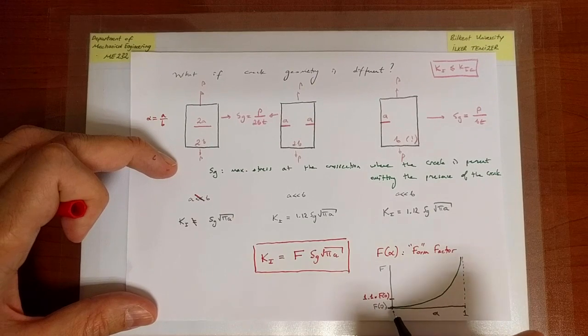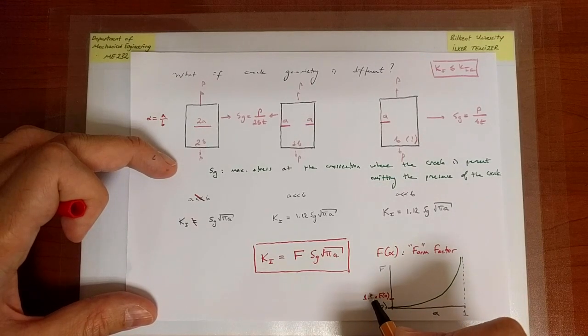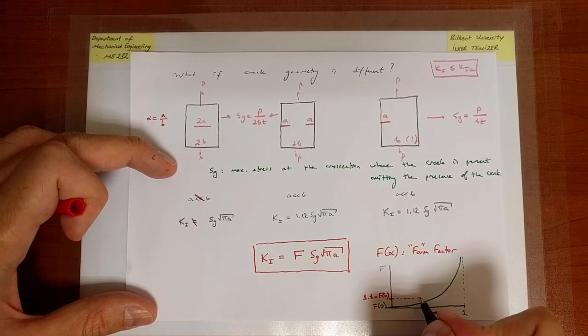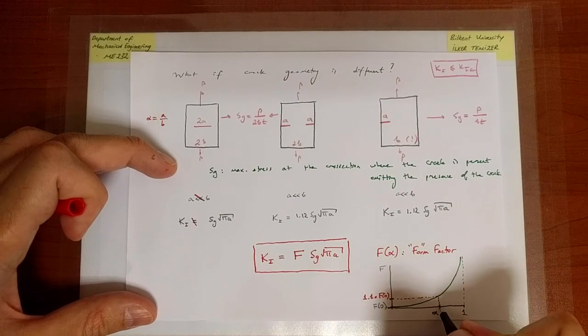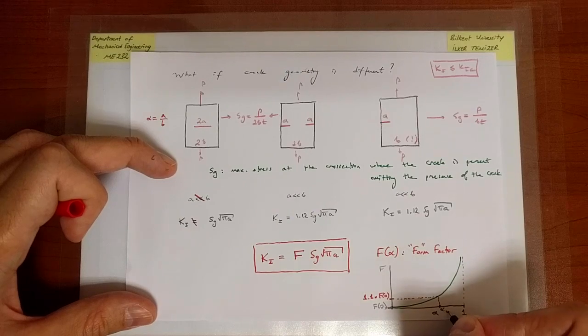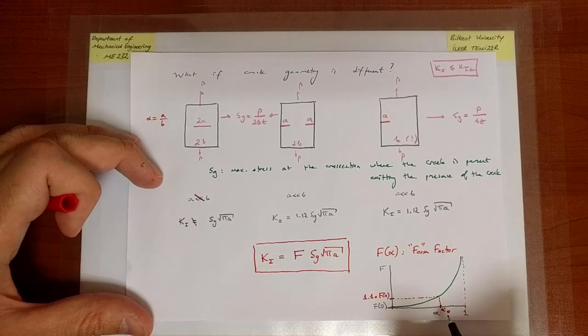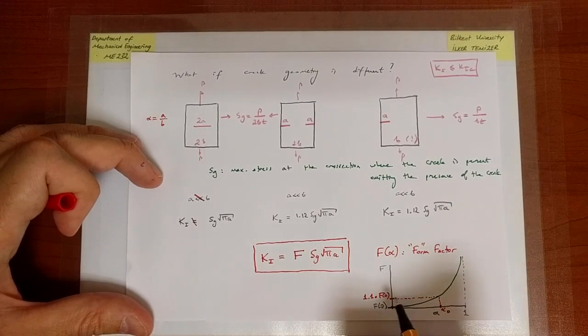The value of F at 0 is a certain value, let's say 1. And then I keep increasing alpha, and at some point I reach a value of F that is 10% more than the limiting value F of 0. Okay? And let us call that value alpha 0. So alpha 0 is the value of alpha at which F takes a value that is 10% larger than the value of F at alpha equals 0.